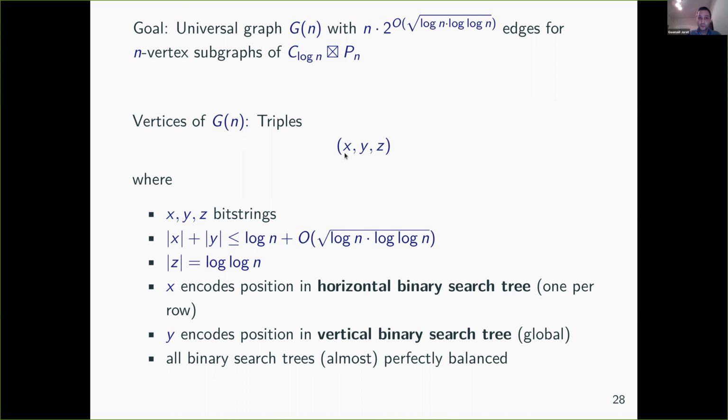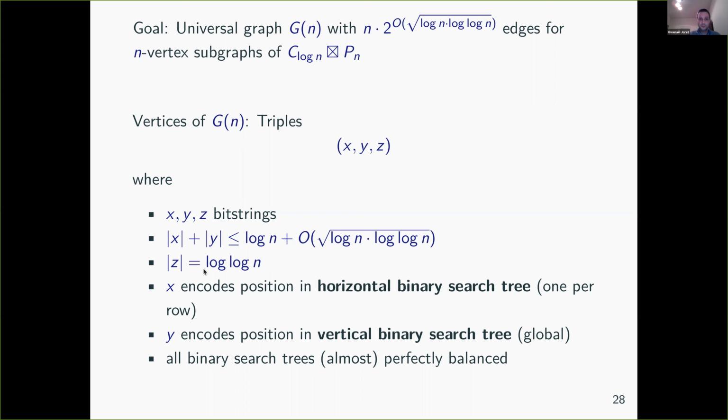X and y are the important part. They each correspond to somehow a dimension. X will correspond to the horizontal dimension in the product, and y will correspond to the vertical dimension of the product. And together, x and y, when you sum up the lengths, they sum up to log n plus lower order terms of log n bits. So that will be important.